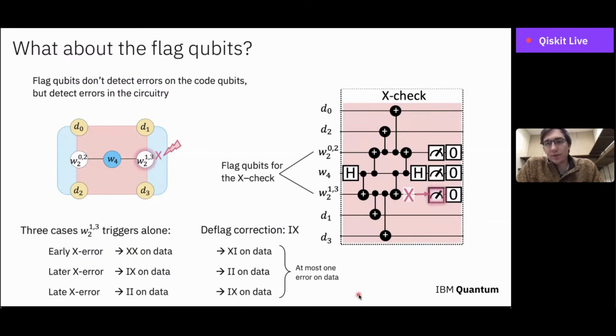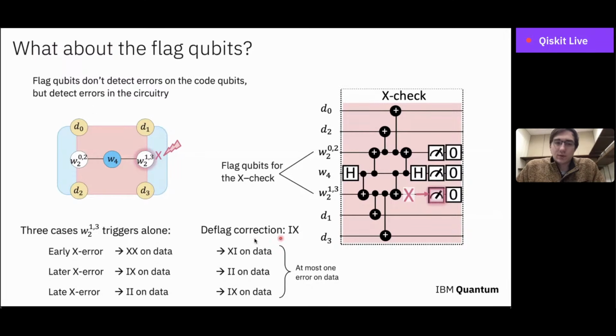Something you can do to fix this error and use the flag information is what we call a deflag correction. If you see this flag measurement flip and not this other flag measurement, then what you should do is apply X to data qubit 3. So you should apply IX on these data qubits.